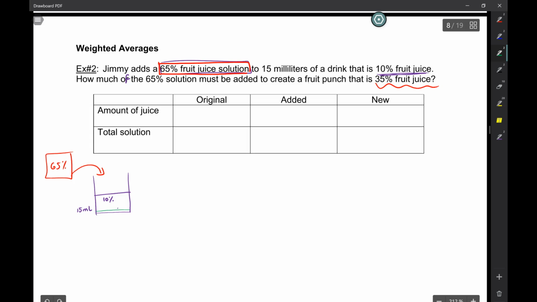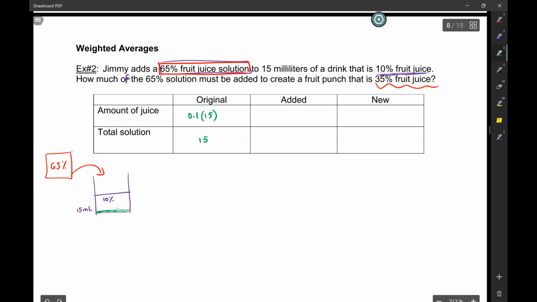So 0.1 of the 15 is juice. And in the original, how much total solution does he have? 15 milliliters, just 15.